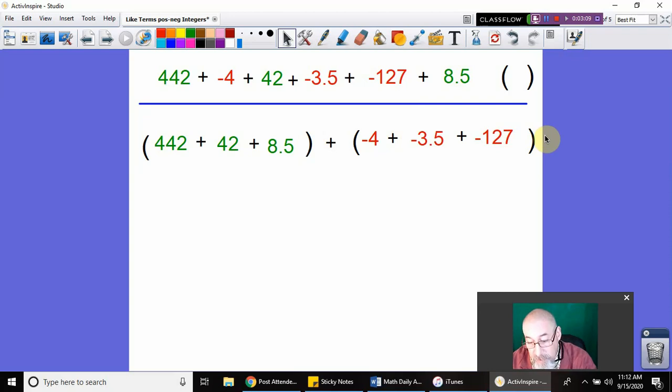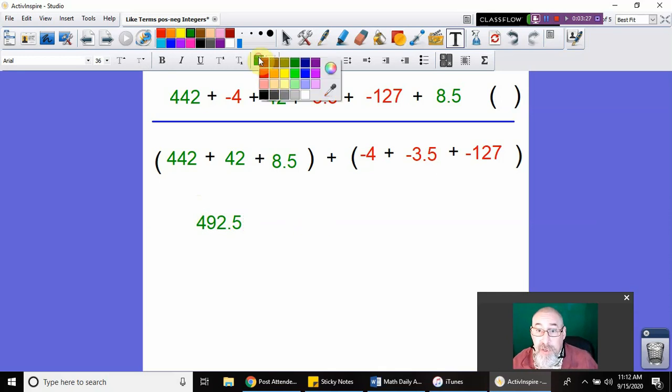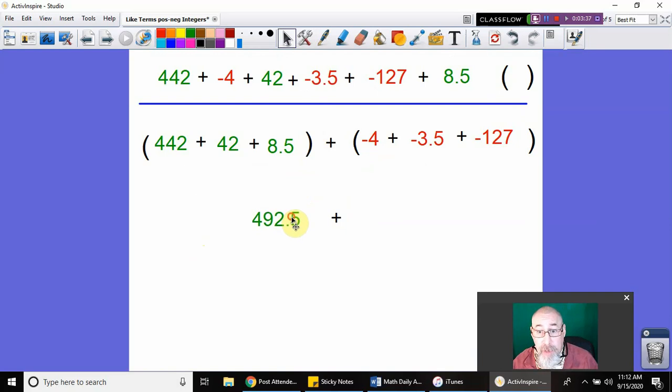So 442 plus 42 plus 8.5, and I end up with 492.5. And because I'm doing addition, I've grouped all those friends, so all my positives have been combined because they're like terms, they're all positive values.